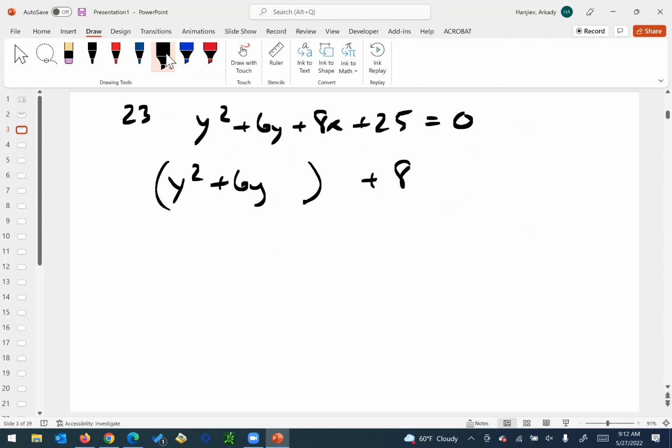I think I'm gonna move it to the other side here. So minus 8x minus 25. Let's move that to the other side.